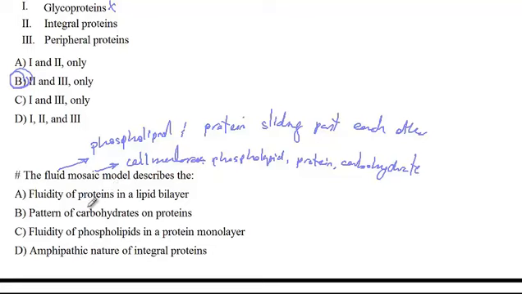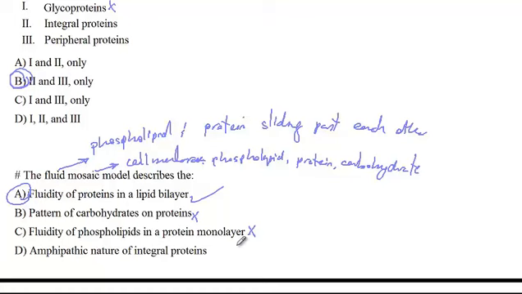This model describes the fluidity of proteins in a lipid bilayer. That's correct, because here we are talking about how protein and lipids can easily pass each other, giving the membrane a fluid texture. Next, pattern of carbohydrates on proteins. Note that was not what was discussed by the fluid mosaic model. Fluidity of phospholipids in a protein monolayer. No, we didn't talk about protein monolayer.